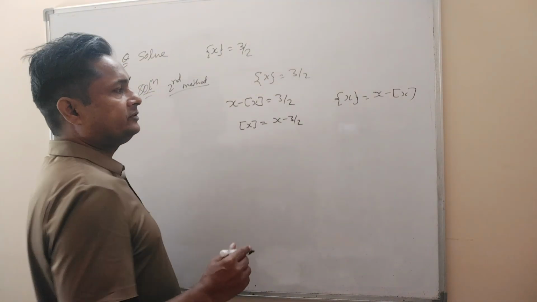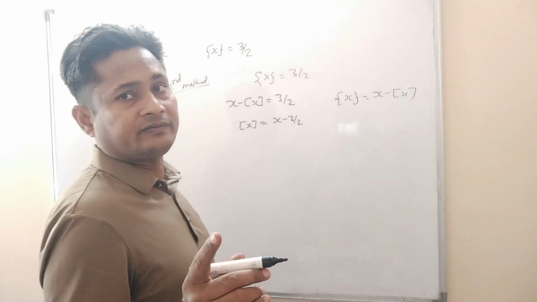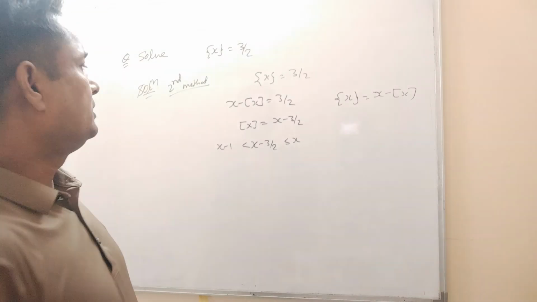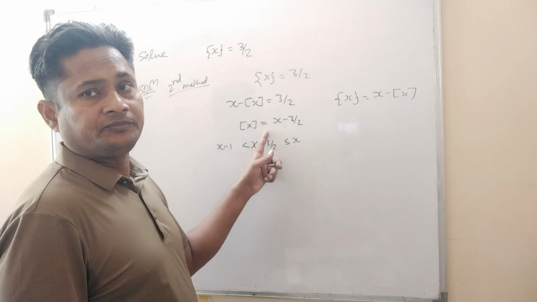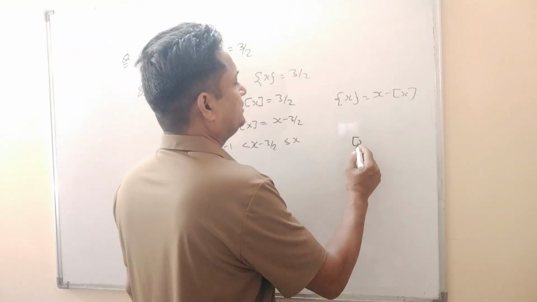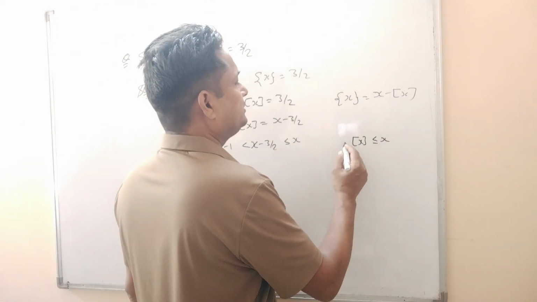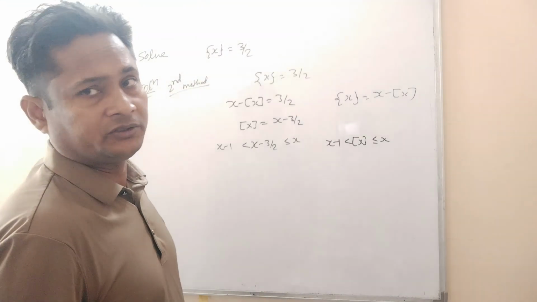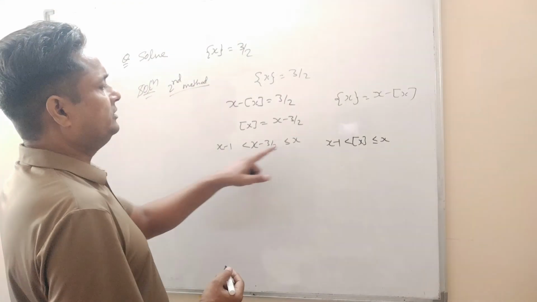So how will you solve this equation? We know the property that the greatest integer [x] always lies in the interval x minus 1 to x. So we apply this condition.